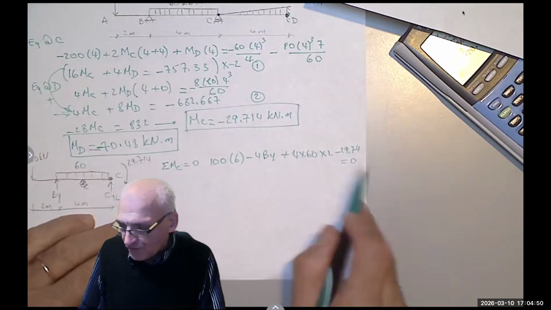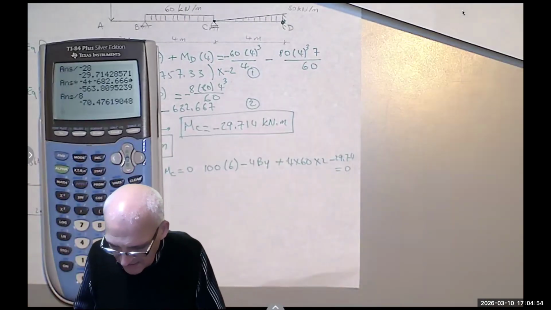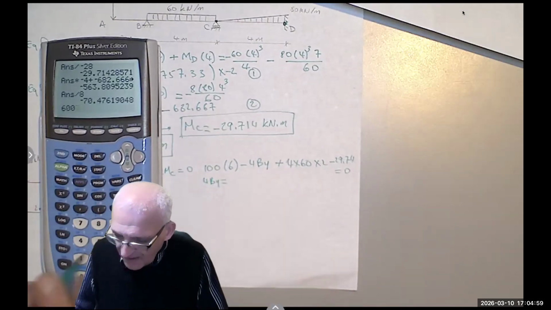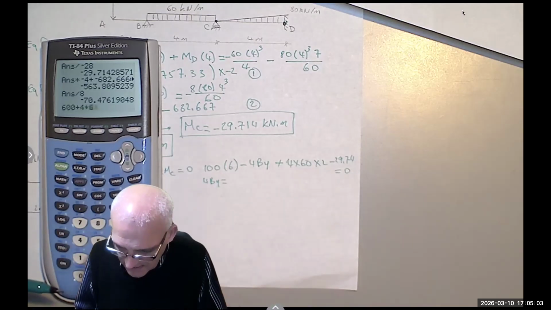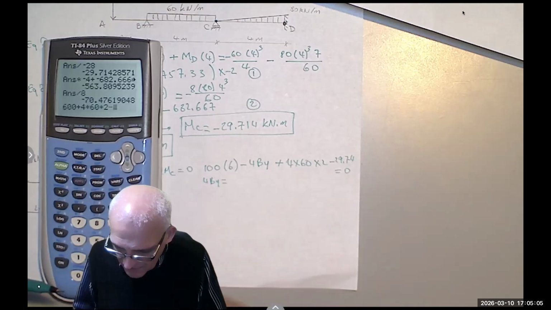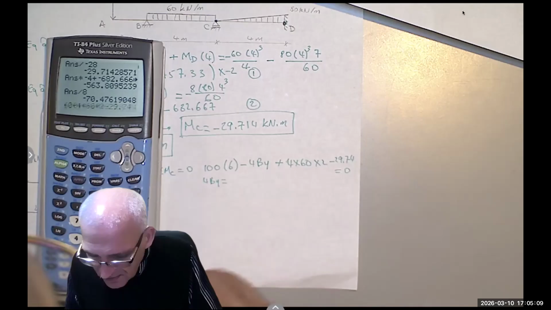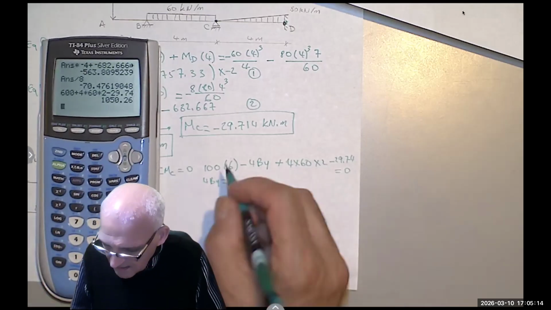Notice if I move the 4 By to the other side, I can say 4 By equals 100 times 6, 600, plus 4 times 60 times 2, minus 29.714. Did we miss anything else? I don't think so. And then I'm going to divide.